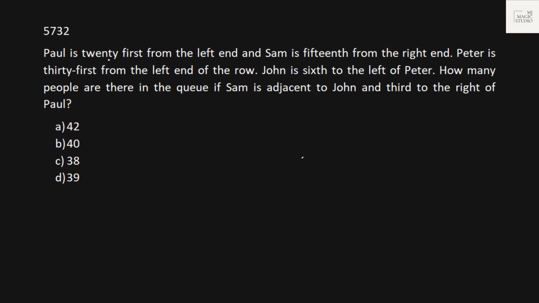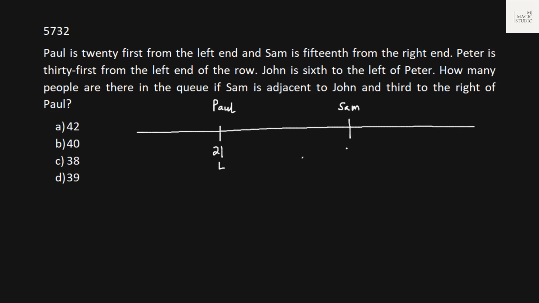Paul is 21st from the left end. We have Paul, 21st. And Sam is 15th from the right end. Let me put Sam here, 15th from the right. Peter is 31st from the left.